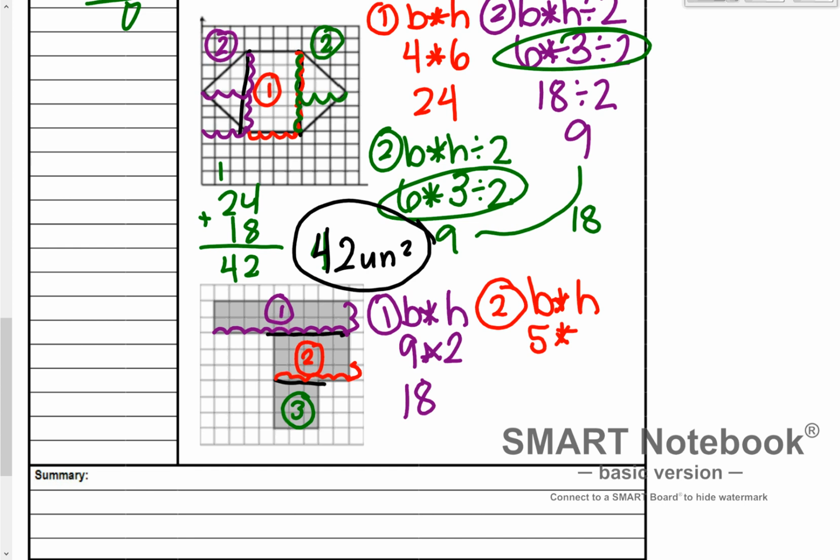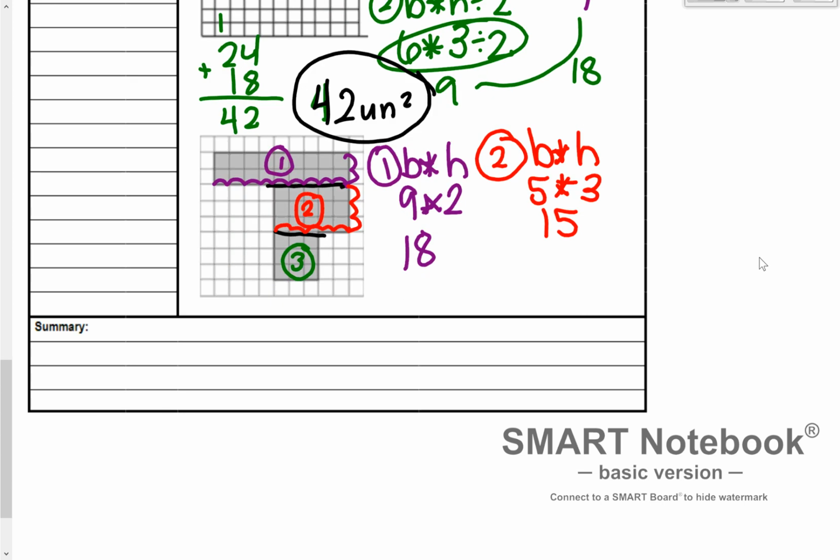My height, 1, 2, 3. That would give me a 15. Shape number 3. I'm just going to squeeze it in down here. Base times height. 1, 2, 3. 1, 2, 3.